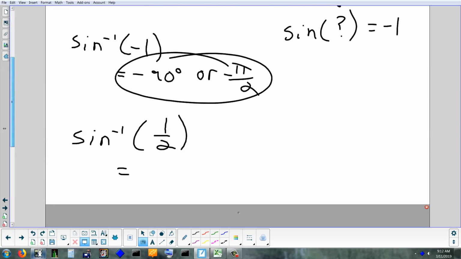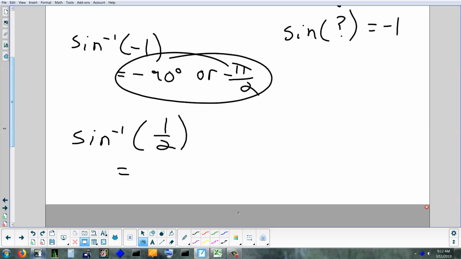Okay, let's try this one. The inverse sine of a half. So I'm trying to find an angle so that when I take the sine of it, I get 1/2. Now make sure you're not accidentally in the cosine column. Some people look up the wrong column because you'll find 1/2 in the cosine column too.